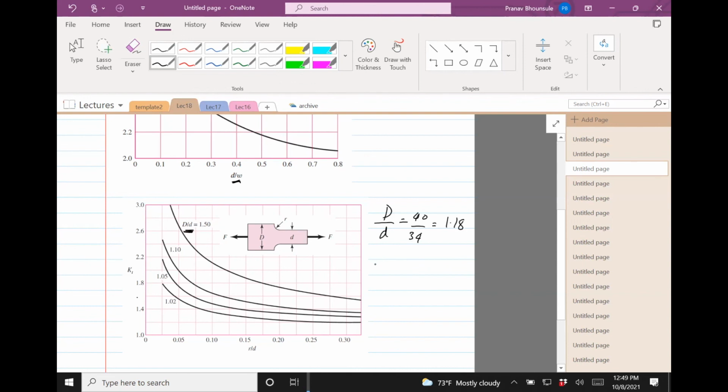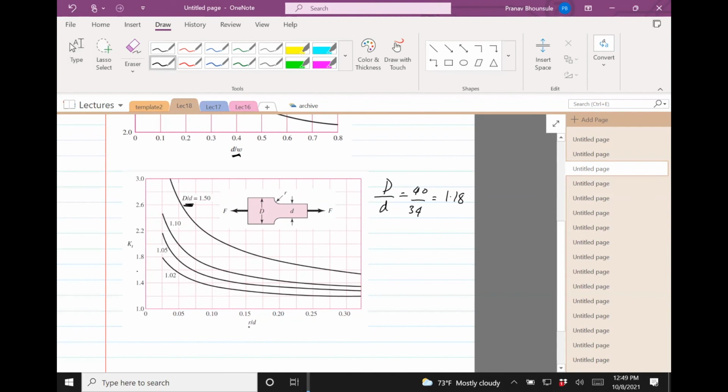And then I need small r divided by small d. Small r is 1, small d is 34, so that's 0.026. For 1.18, we have 1.10, 1.5, so 1.18 is probably somewhere in the middle, slightly closer towards this 1.10 line. And then I need to find 0.026, which is probably somewhere here.